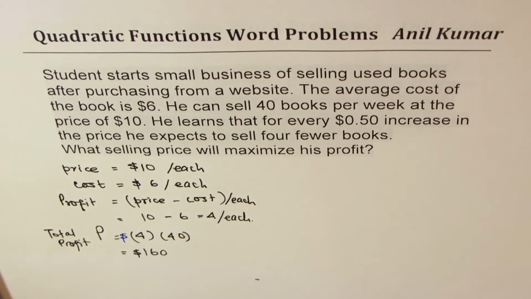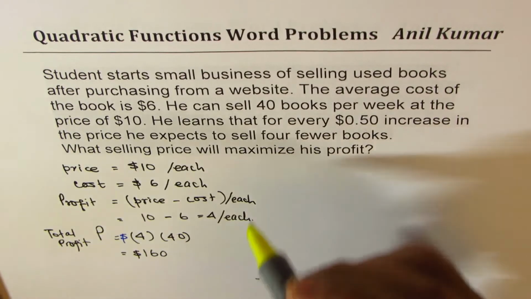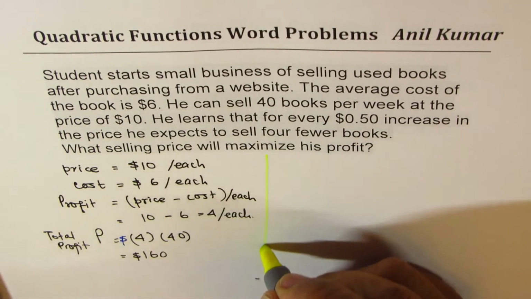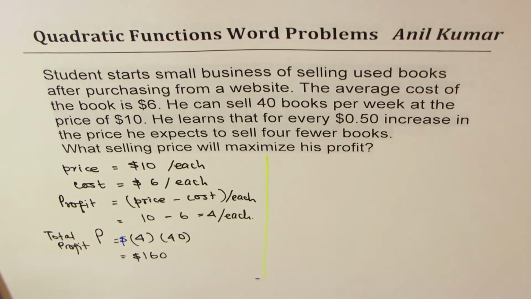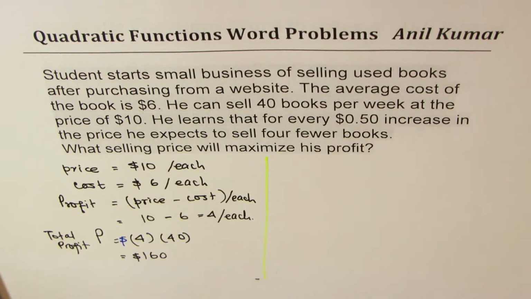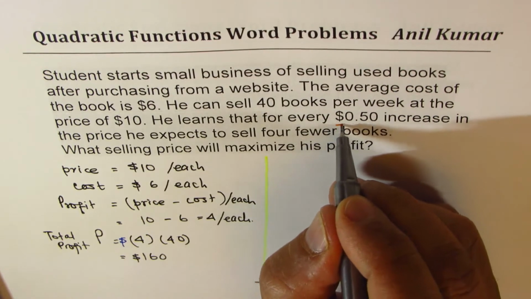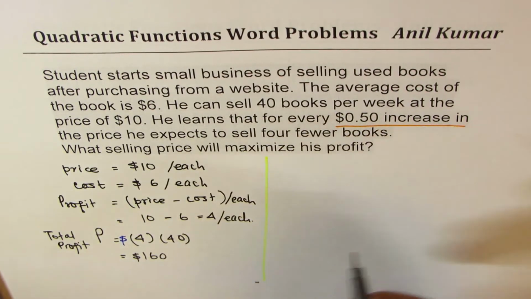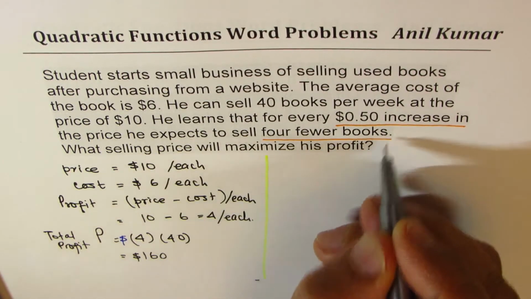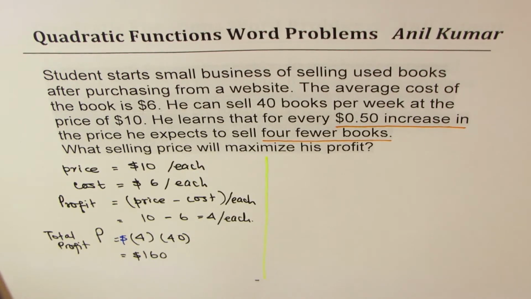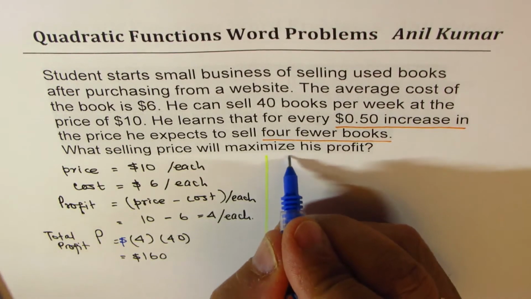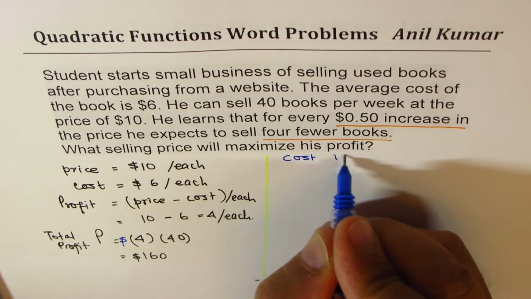You get an idea, right? So that is the situation given to us. Now the person wants to increase the profit, since he learns that for every 50 cents increase, 4 fewer books are sold, correct? Now, the important thing to understand here is cost is fixed.